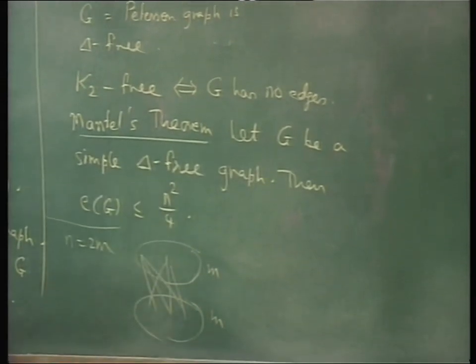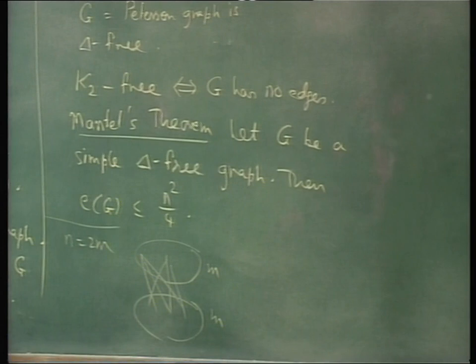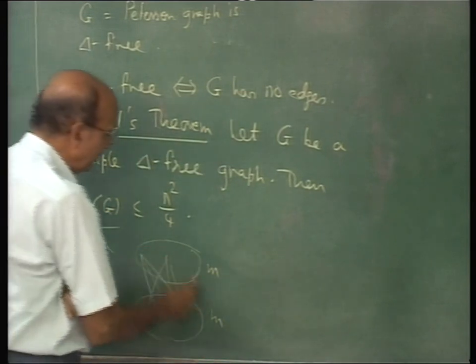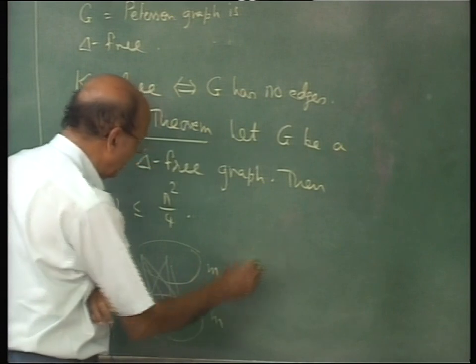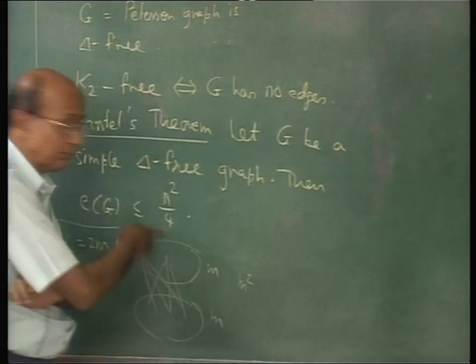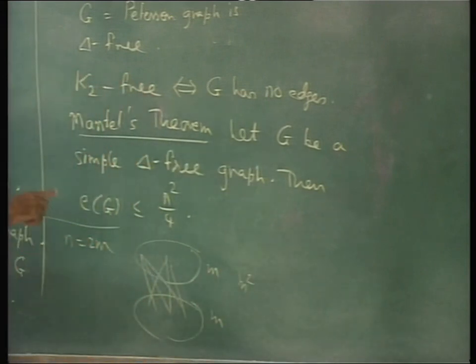The complete bipartite graph, being bipartite, cannot have triangles, there is no question. How many edges will it have? m here and m there, so it will have as many as m square edges, which is exactly the same as what you have, n equal to 2m.